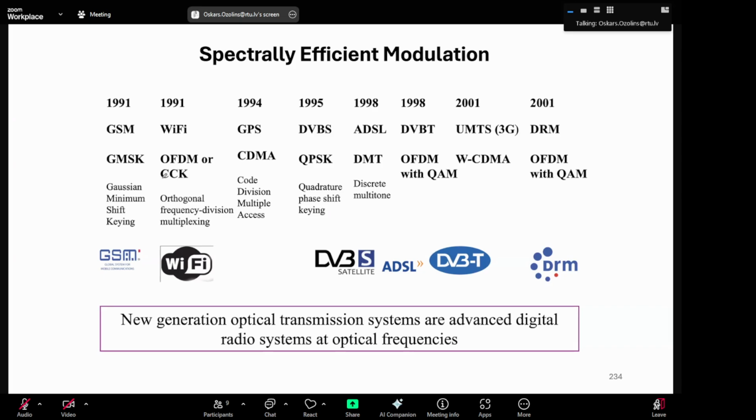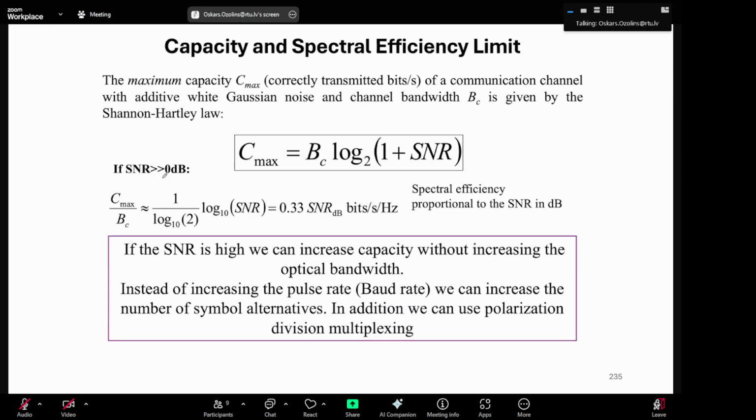So why would you like to use these advanced digital signals? Not only multi-level and amplitude, but in coherent systems you have access to other parameters.